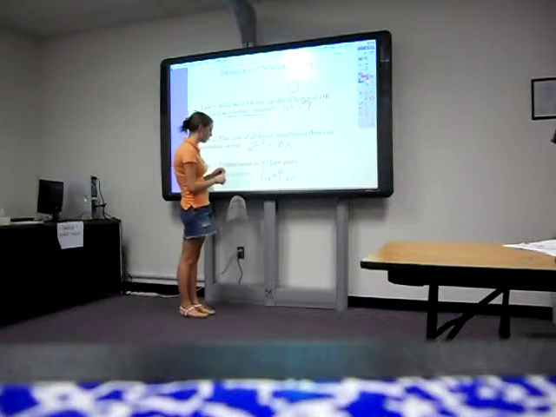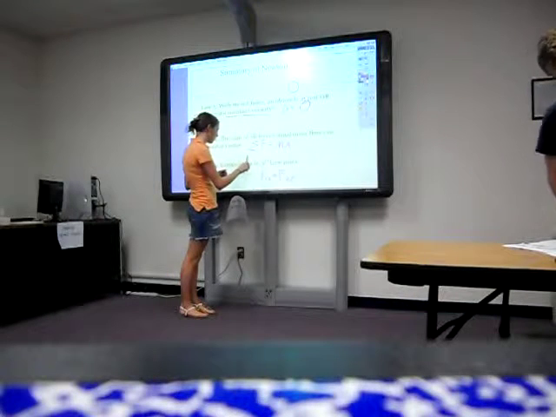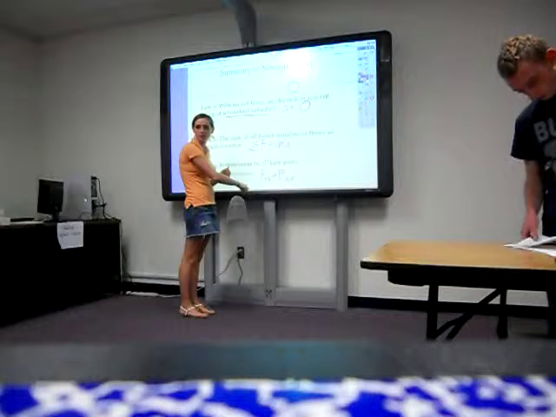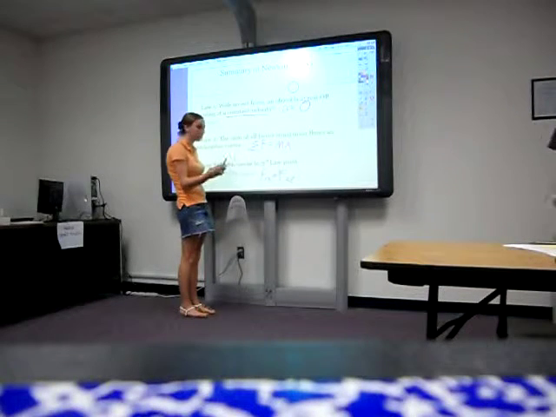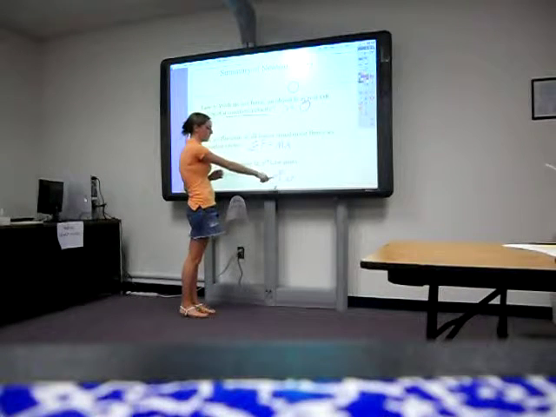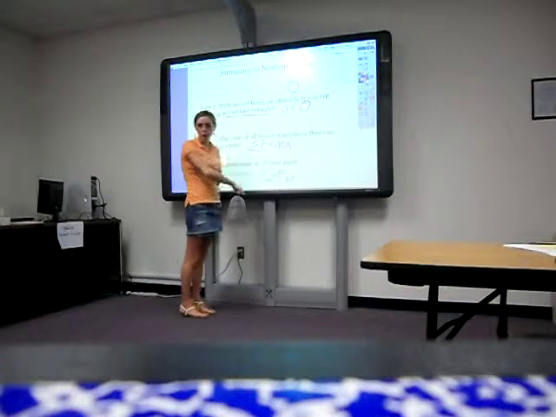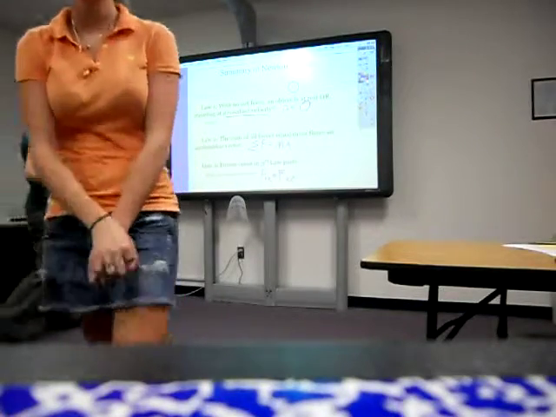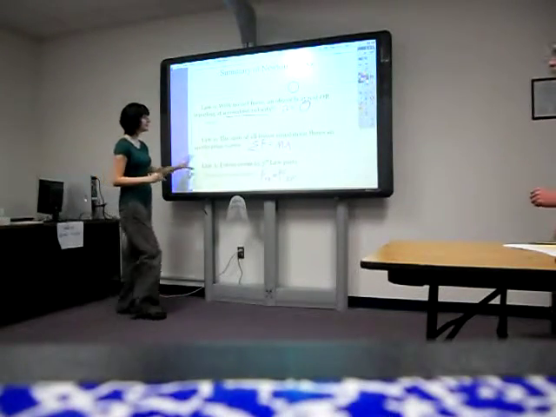It'd be the force that the second object has on the first one. Okay, good. So the force of 2 on 1 equals the negative force that 1 has on 2. Perfect. So those are our 3 laws of Newton.